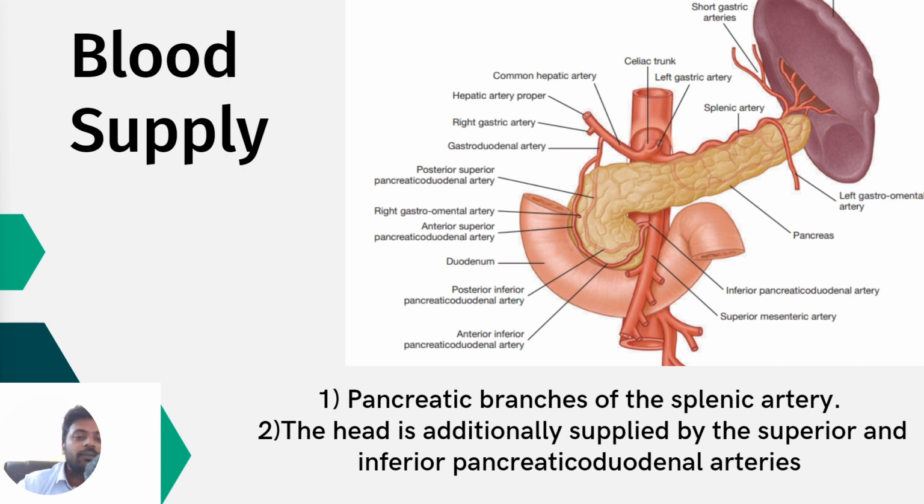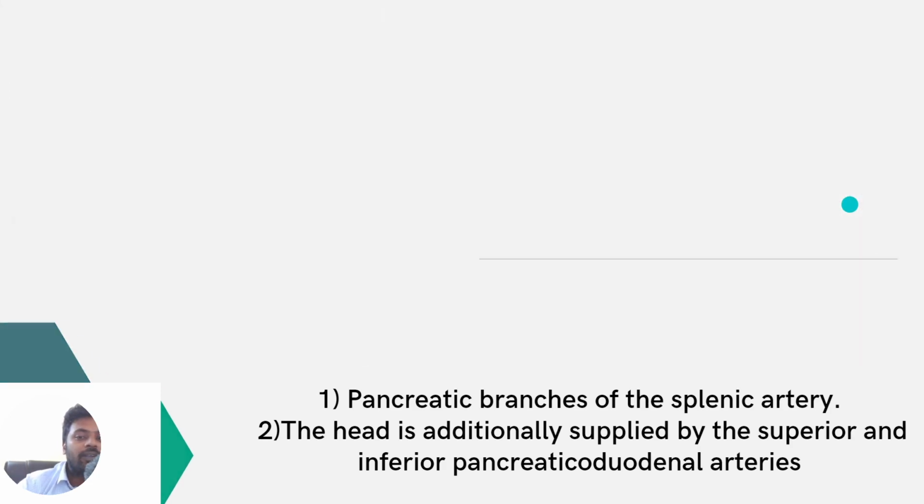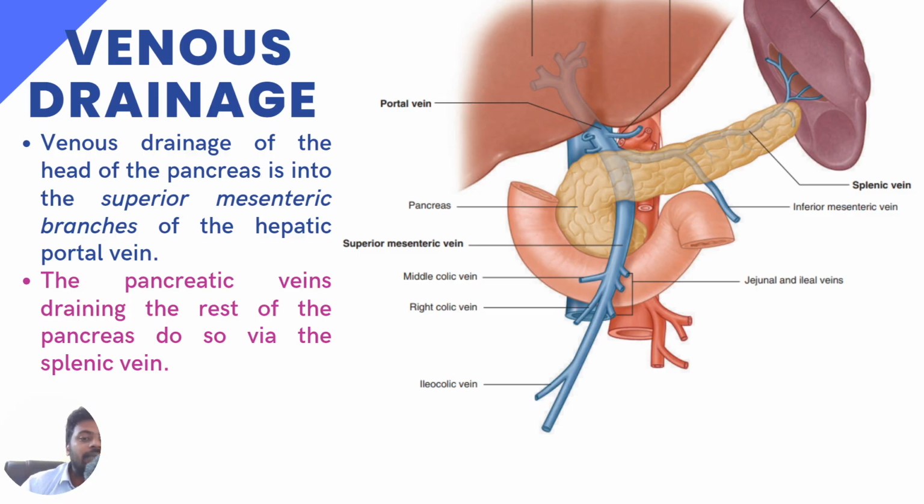Venous drainage: the venous drainage of the head of the pancreas is into the superior mesenteric branches of the hepatic portal vein. I repeat, venous drainage of the head of the pancreas drains into the superior mesenteric branches of the hepatic portal vein. The pancreatic veins drain the rest of the pancreas via the splenic vein.